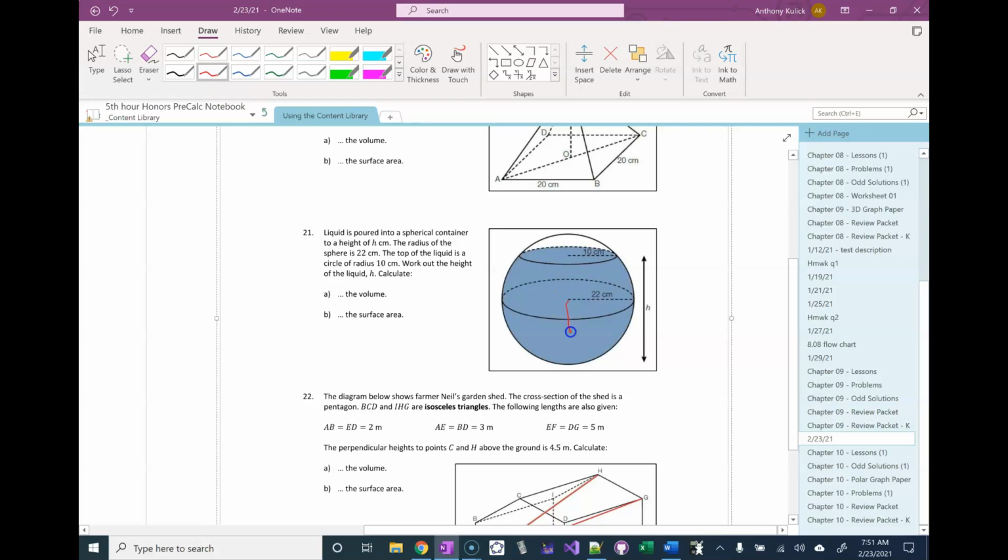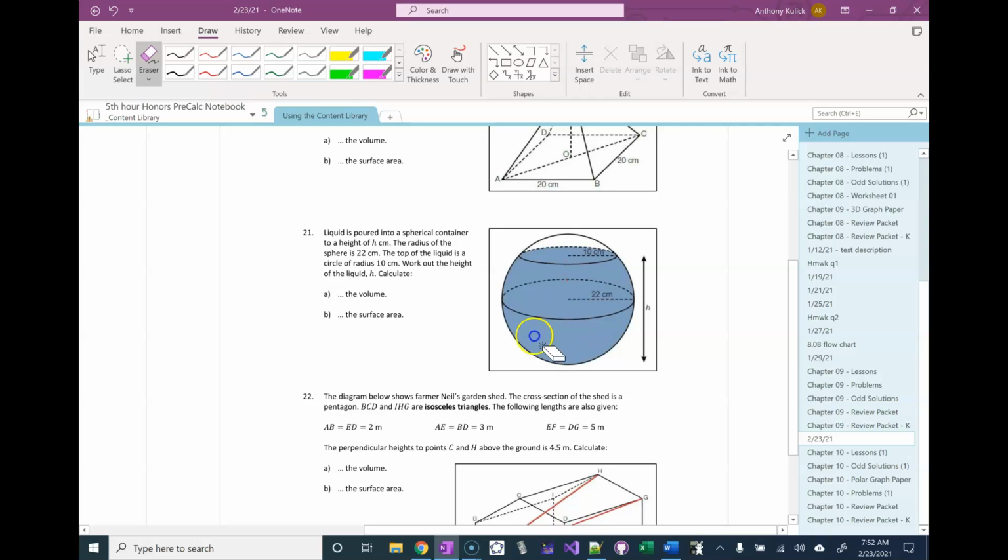So I know that this is also going to be 22, because that's a radius. And in addition, I know that this is also 22 because that's a radius. So then I can use the Pythagorean theorem.